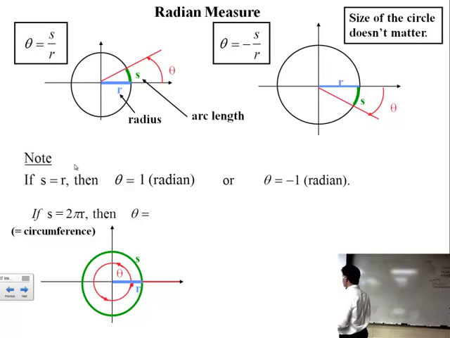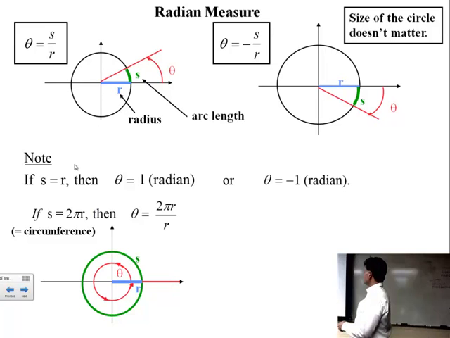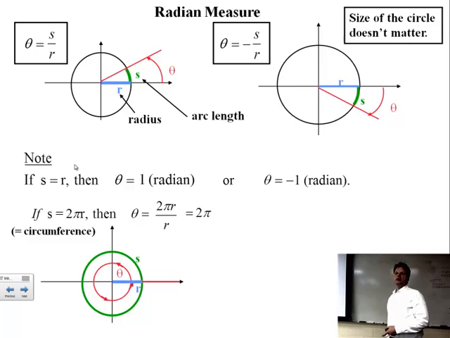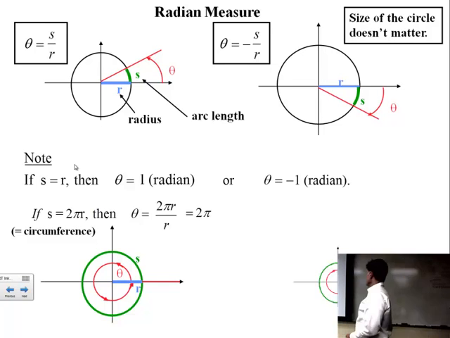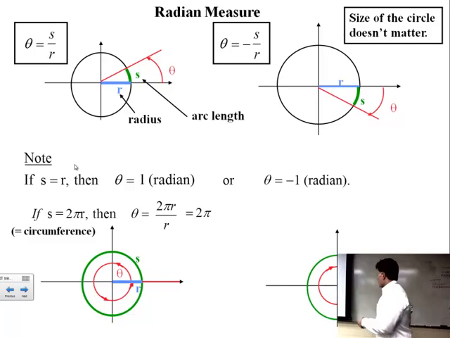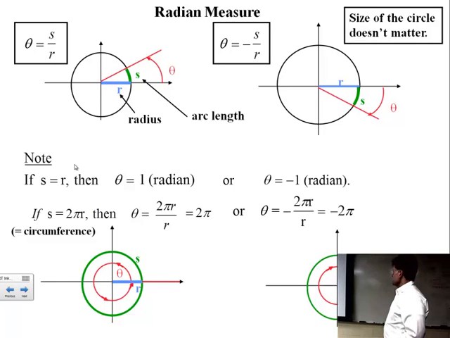So the terminal side and the initial side are the same. Well, it's the circumference divided by the radius, which is 2 pi. So 2 pi radians is 1 revolution. That's what you get by going counterclockwise until you hit the initial side again with your terminal side. Or we go clockwise, in which case we get minus 2 pi radians for a clockwise revolution.